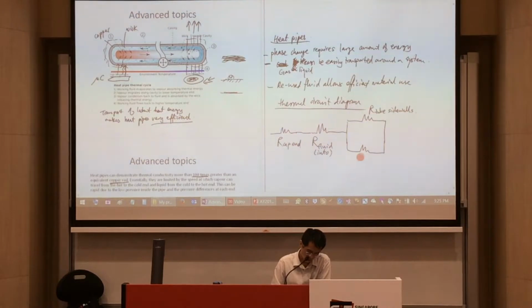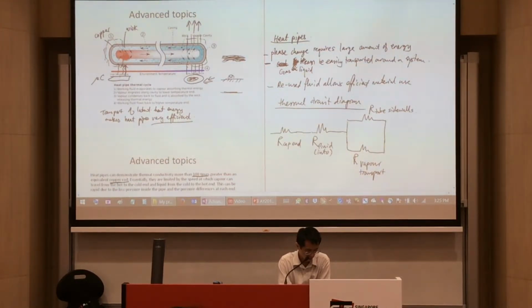There's also another thermal resistance in parallel. That will be the resistance of the vapor transport. Now, what is this resistance for vapor transport? That comes about because you have this fluid that needs to be transported. It gets heated up over here, turning into gaseous state, and it needs to be transported due to the difference in pressure.